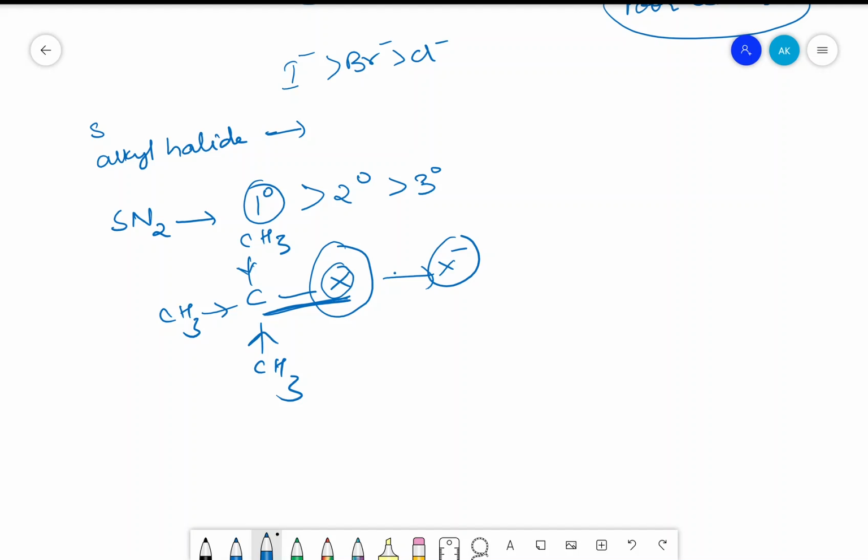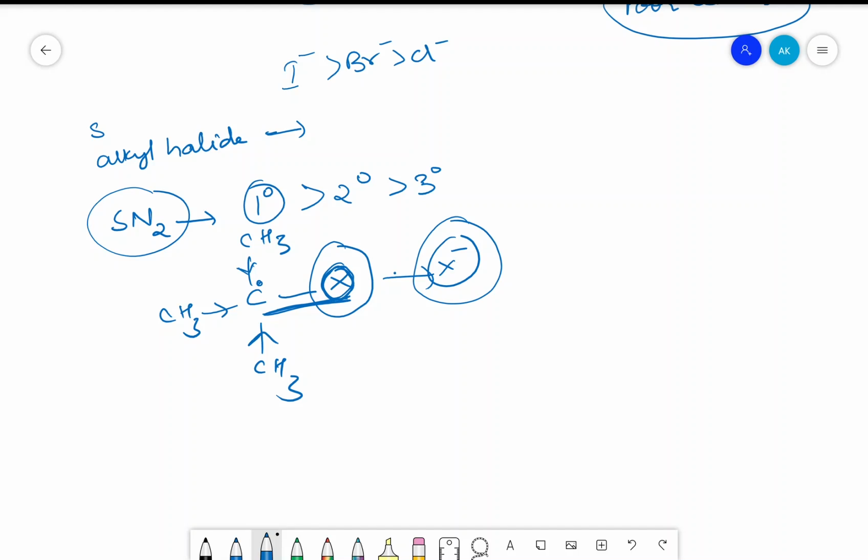This concept is shown in the inductive effect. When more electron donating groups are there, removal of X will be difficult, because more electrons are present here. That is what makes tertiary alkyl halide less prone to SN2 reaction.